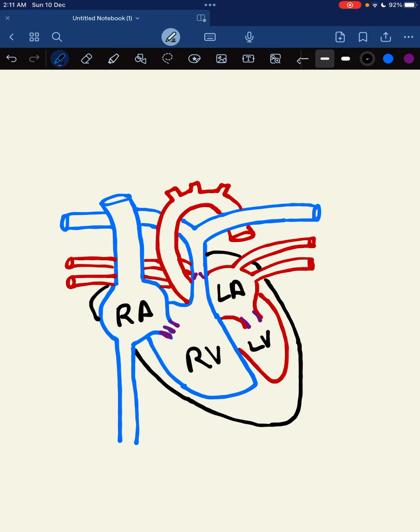The blood comes back from the body not through one way, but through two ways, which we call the vena cava.